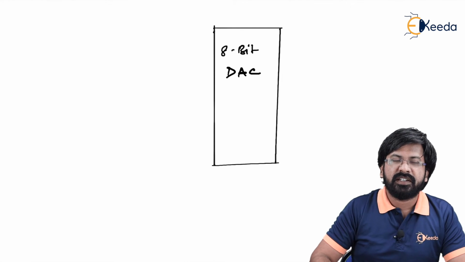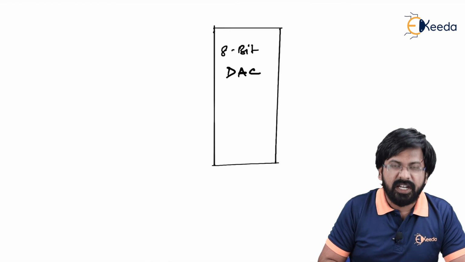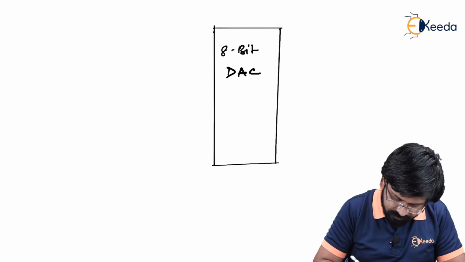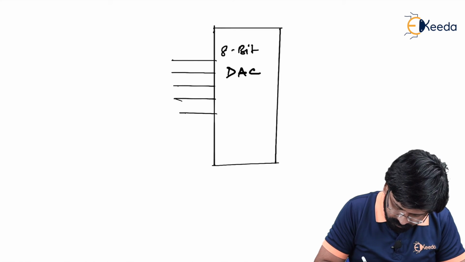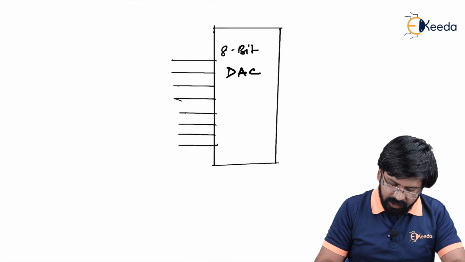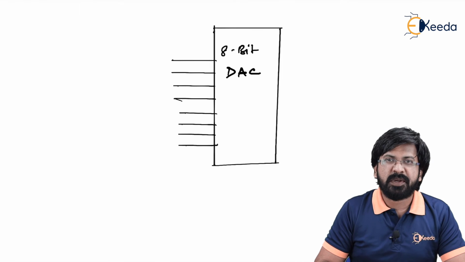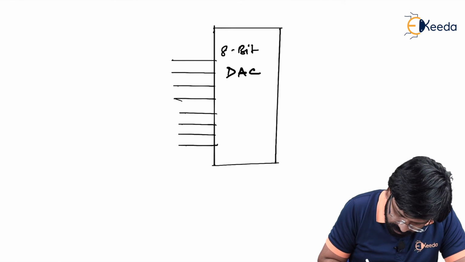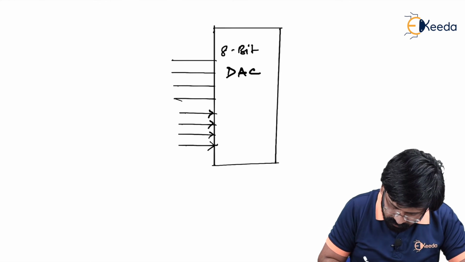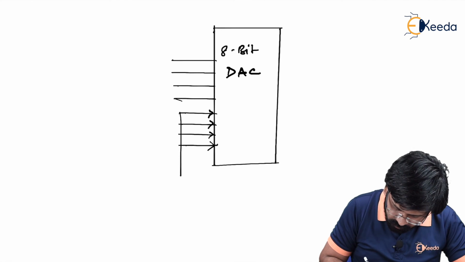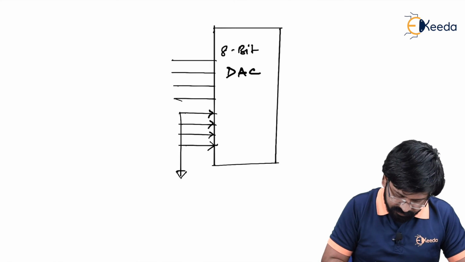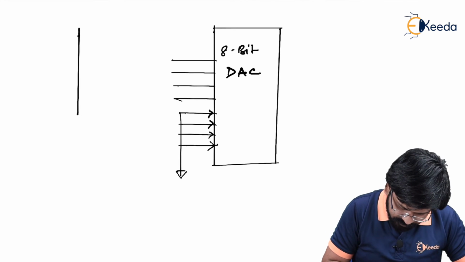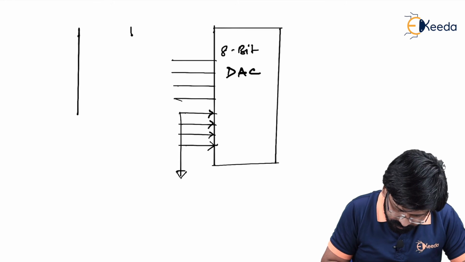This 8-bit DAC naturally has 8 inputs, right? In this problem, they say that lower 4 bits are permanently grounded. So we'll mark lower 4 bits here, 1, 2, 3, 4. These are lower 4 bits which are shorted together and connected to ground, and higher 4 bits are driven by 4-bit counter. So there is a 4-bit counter connected here.